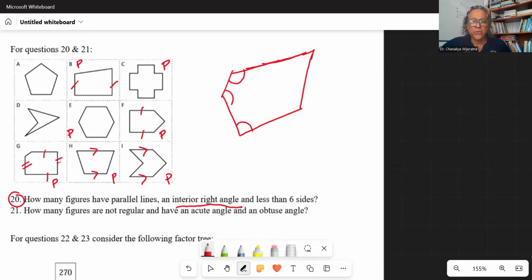When you draw a curved line, it indicates the angle is inside the figure. Now see this one, here this angle is interior. This one is interior. This angle.